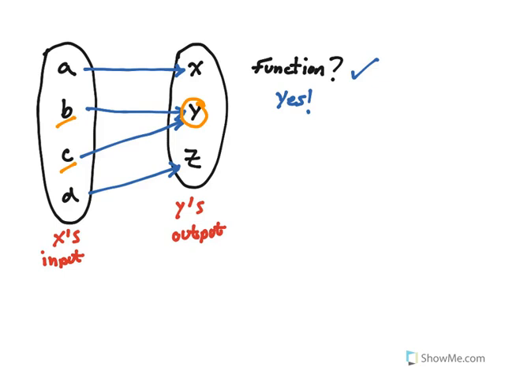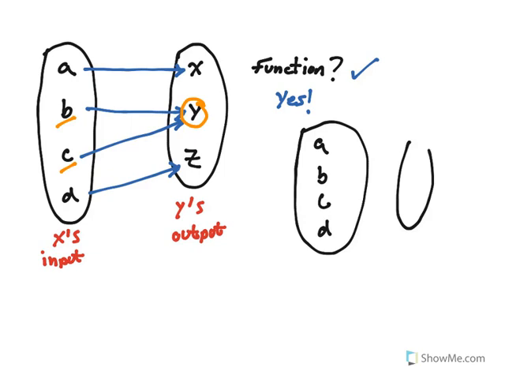In the previous slide, if you have A, B, C, and D, and you had X, Y, and Z, and A is producing X and B is producing X, that's okay, that's acceptable.